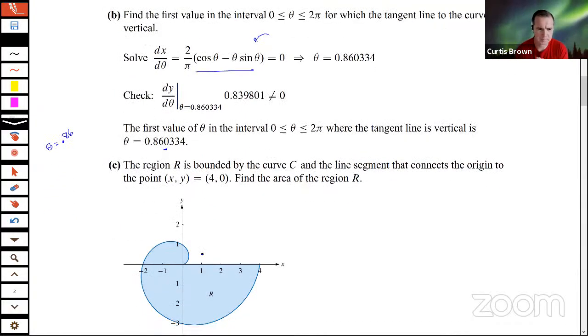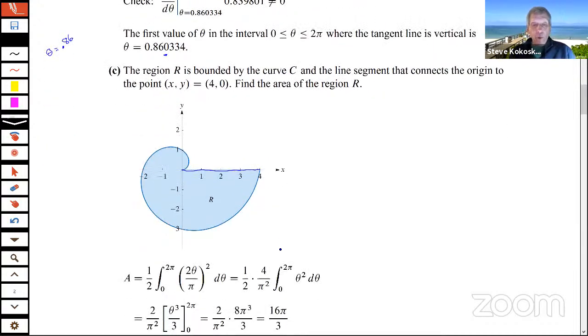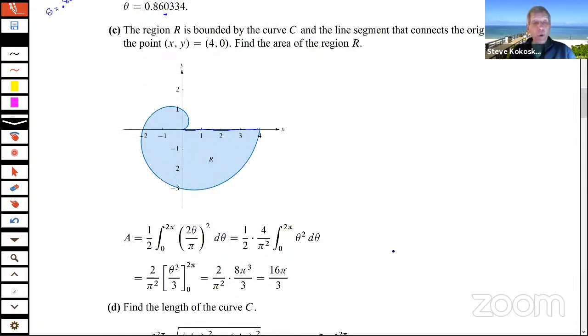Good. All right, and let's see if we can find the area of that region R bounded by the curve and this line segment here from the origin out to 4. Well, we know how to do that. We've got a formula for that, and this works out really cool. Here's 1/2, 0 to 2π. I actually have to sweep out all of that area as θ goes from 0 to 2π. Here's my value of r.